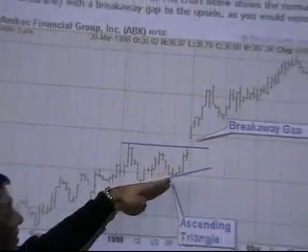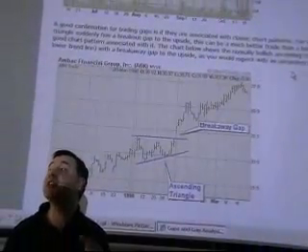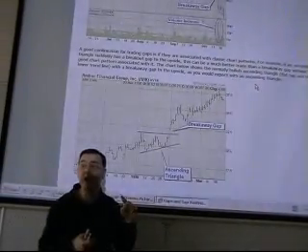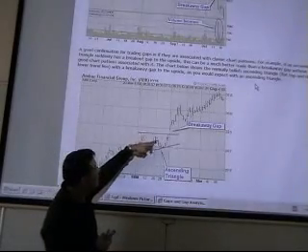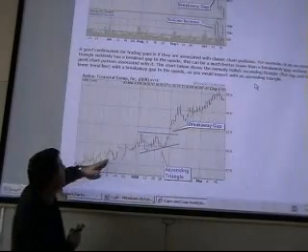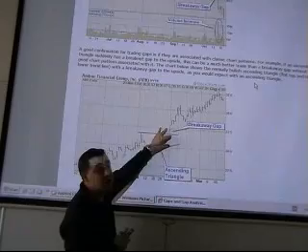When you have an ascending triangle, typically it signifies a continuation pattern. It means it's coming from below, moving in an uptrend, and getting into an ascending triangle.